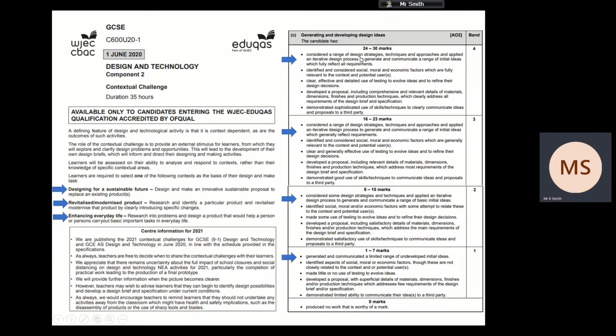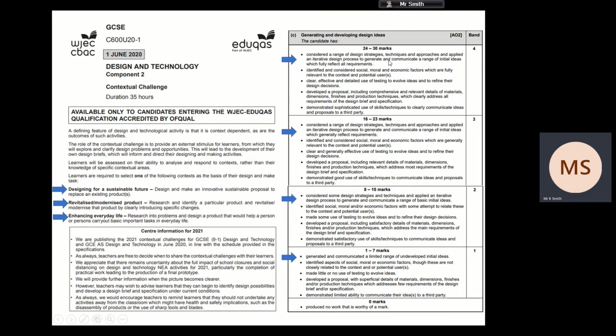So considering a range of design strategies, techniques and approaches, apply an iterative design process to generate and communicate a range of initial ideas which will fully reflect the requirements. Obviously the requirements being the specification, so you've got to make sure that it's still linking to your specification.